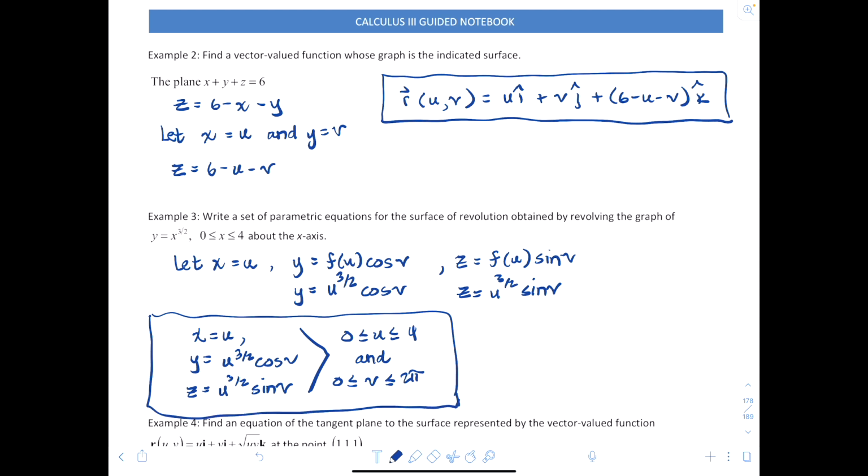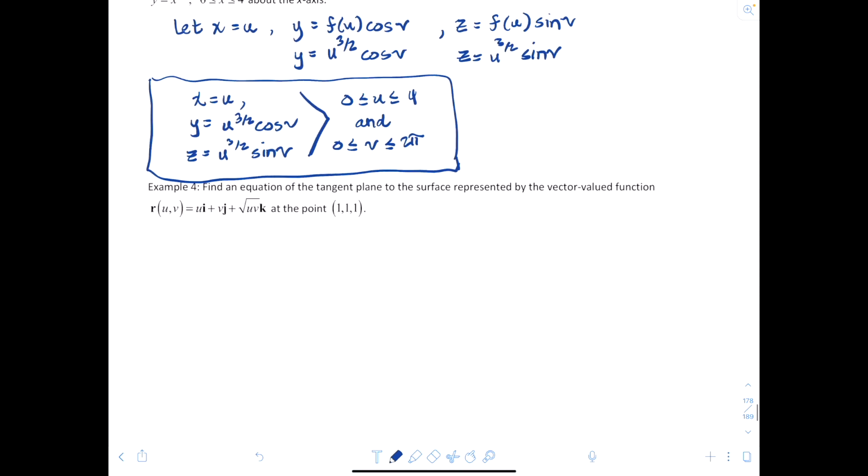All right. So example 4. Find an equation of the tangent plane to the surface represented by the vector valued function r at u and v is equal to u times i plus v times j plus the square root of u times v times k at the point 1, 1, 1. All right.